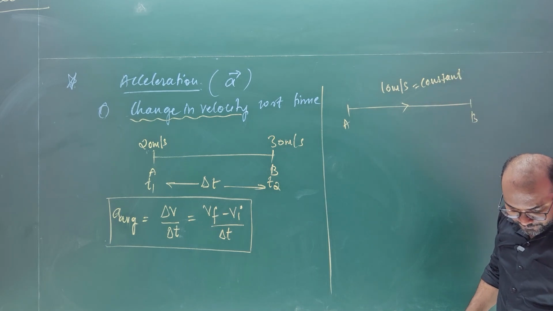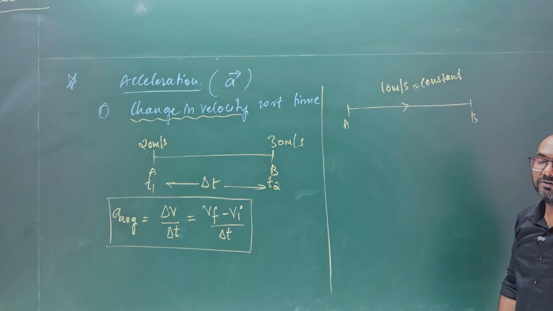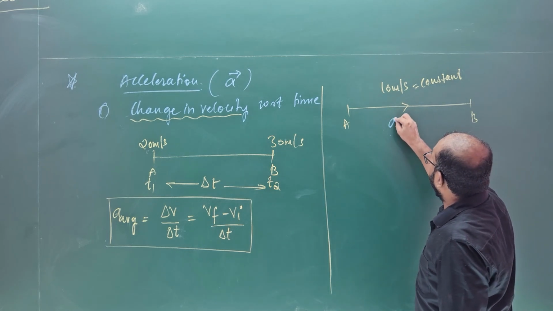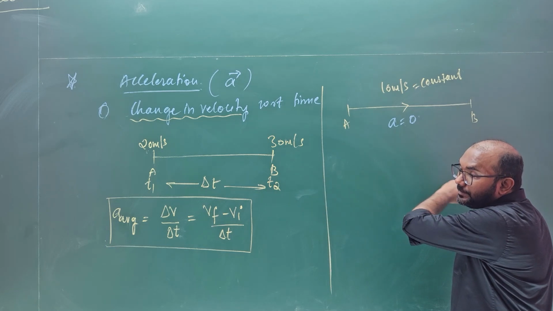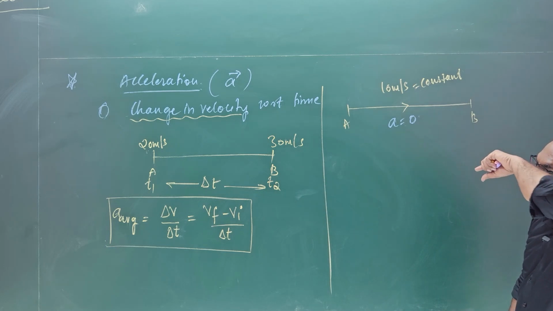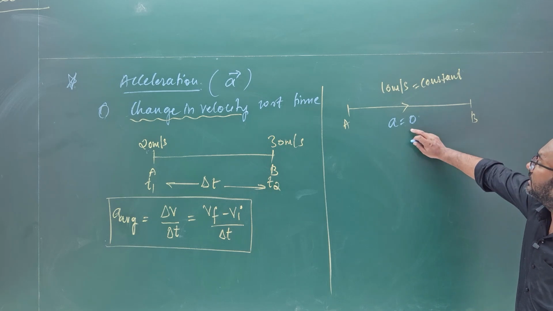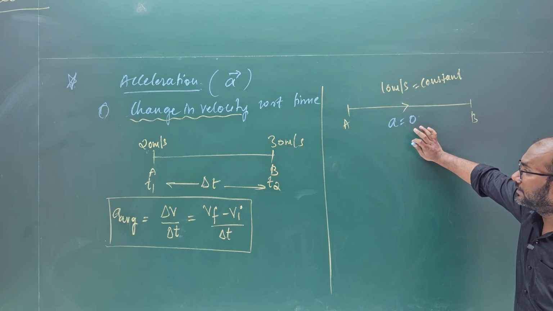Velocity here is what? Constant. If the velocity is constant, what is the acceleration? Obviously 0. So a is here 0. The velocity must be changing. If velocity is not changing, then acceleration becomes 0. So can I say that acceleration can have a value 0 when the velocity is constant?